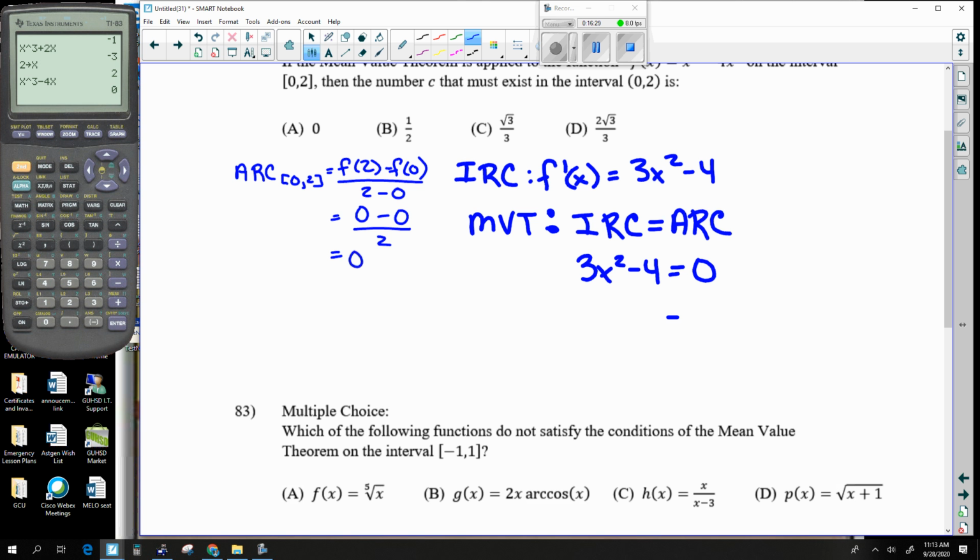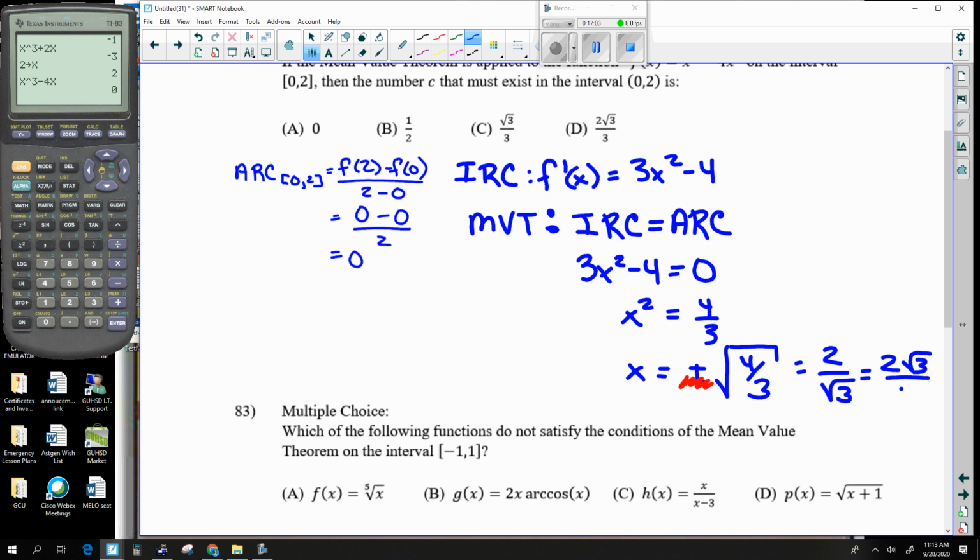So this would be plus 4, divided by 3. x is equal to plus or minus the square root of 4/3. But since it's on the interval from 0 to 2, the negative portion of that doesn't make any sense. So the positive version is the only thing that you want, and that is the answer. Okay, so what is that answer? This is the same thing as saying square root 4 over square root 3, and that would be 2 root 3 over 3.